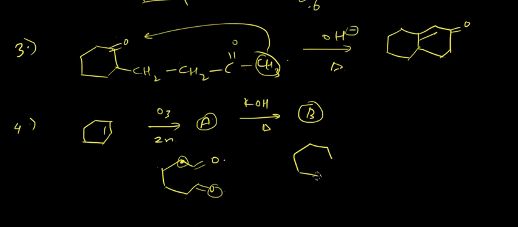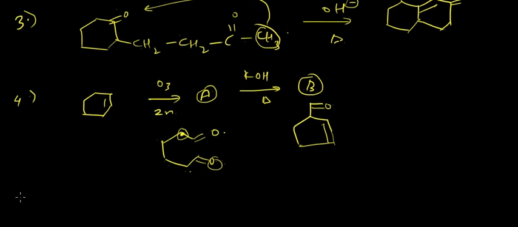This would be a five-member ring, because 1, 2, 3, 4, 5. We have a double bond between this carbon atom and this carbon atom, and then an aldehyde group attached to the first carbon.